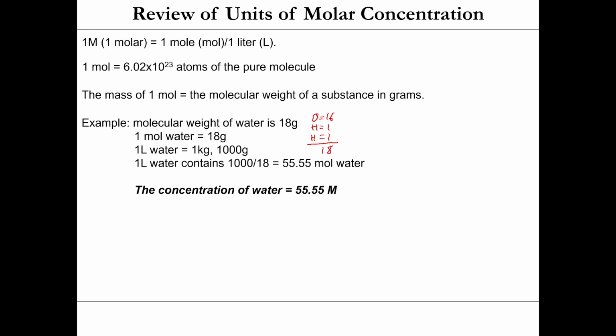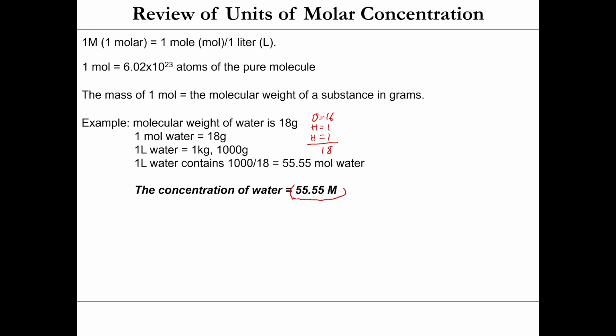And then 1 liter of water, we know, weighs 1 kilogram or 1,000 grams. So 1 liter of water, if you take 1,000 divided by 18, contains 55.55 moles of water. So the concentration of water is 55.55 molar.